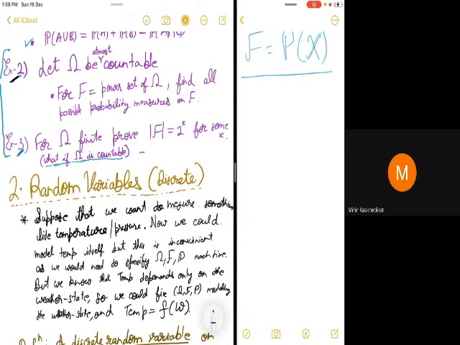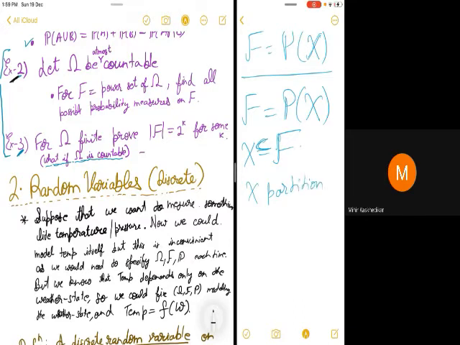We will prove something even stronger than that. We will prove that F is a power set of a set X, where the set X is a set of subsets, a subset of capital F, such that X partitions omega.